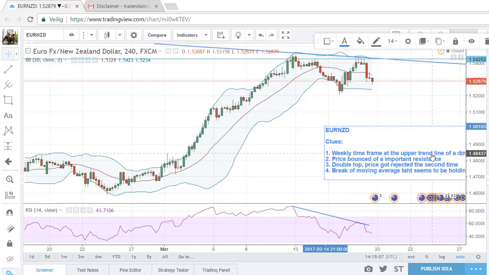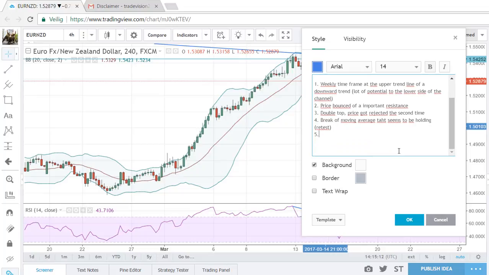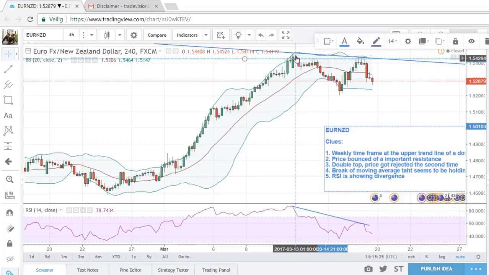Yes we do, because the RSI is showing divergence. Like I said, we have one or two moves up, but we are seeing a shift in the upward momentum.